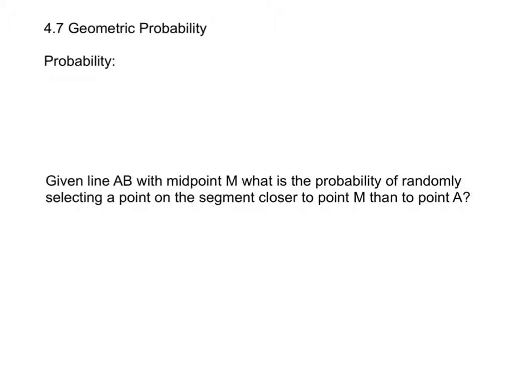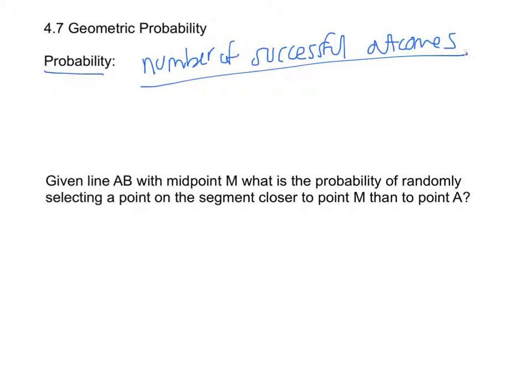So, geometric probability. Probability is, in essence, the number of successful outcomes over the number of possible outcomes.